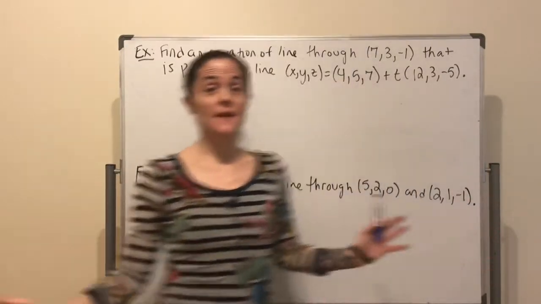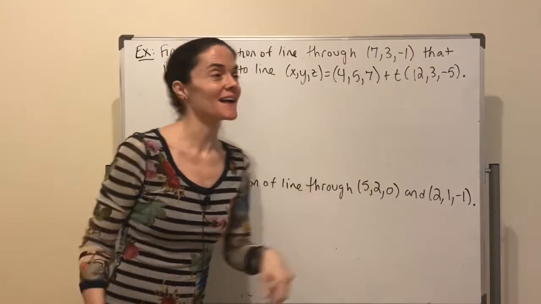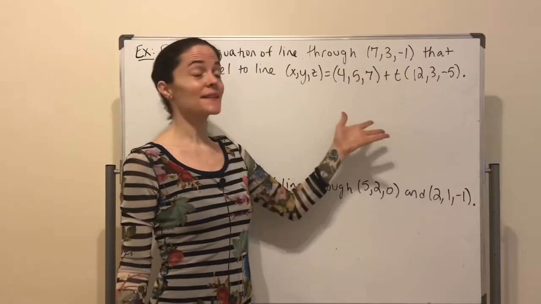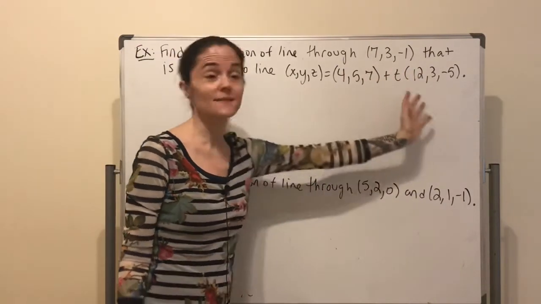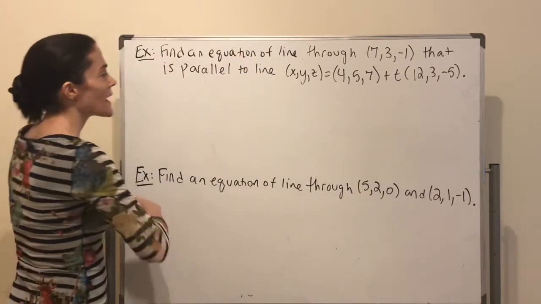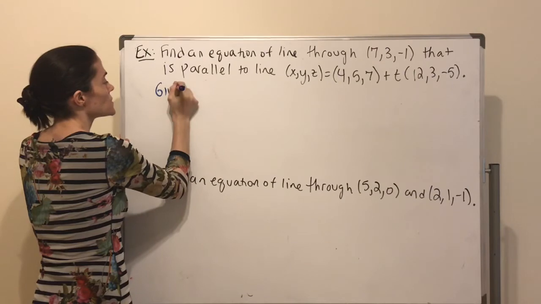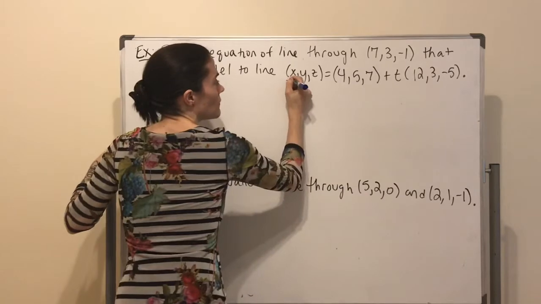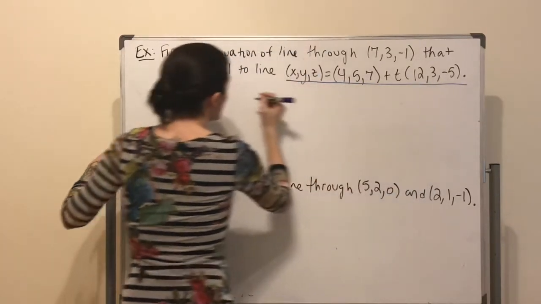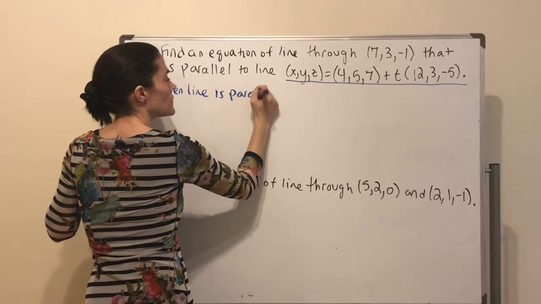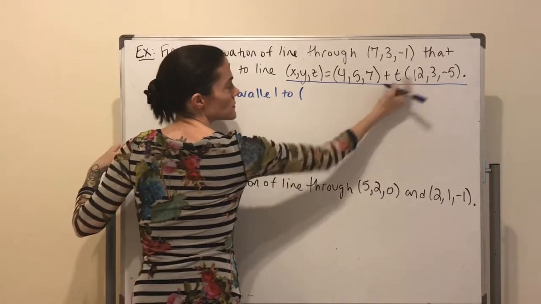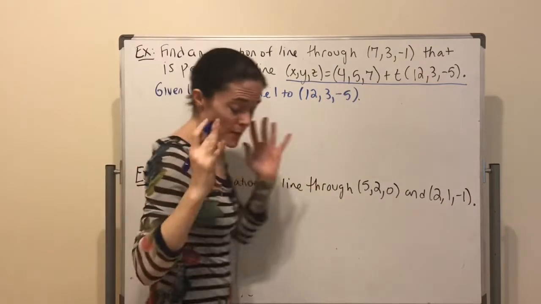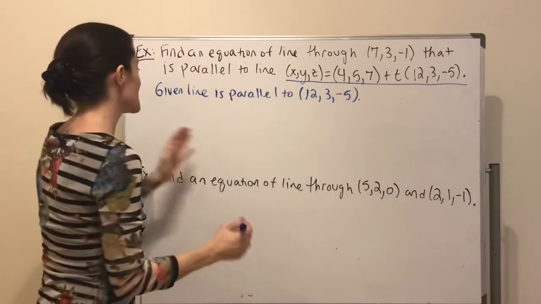Here are two more examples where we're going to find the equation of a line. The first, we are given the point (1, 7, 3, minus 1) on the line, and we're told the line is parallel to this given line. Well, okay, this is not much different than the first. This given line here is parallel to this vector (1, 2, 3, minus 5). And so we're trying to be parallel also to (1, 2, 3, minus 5).